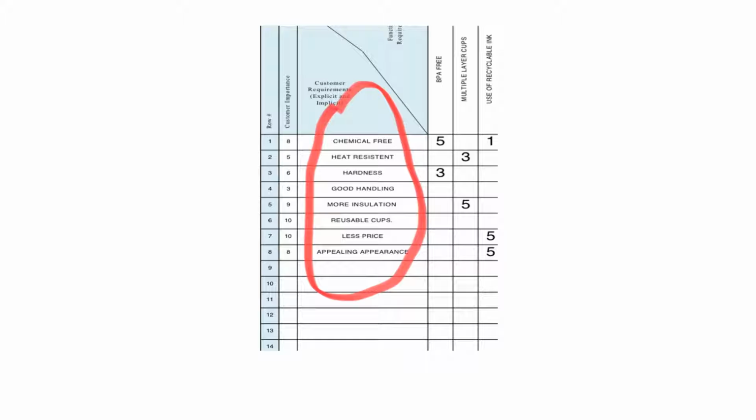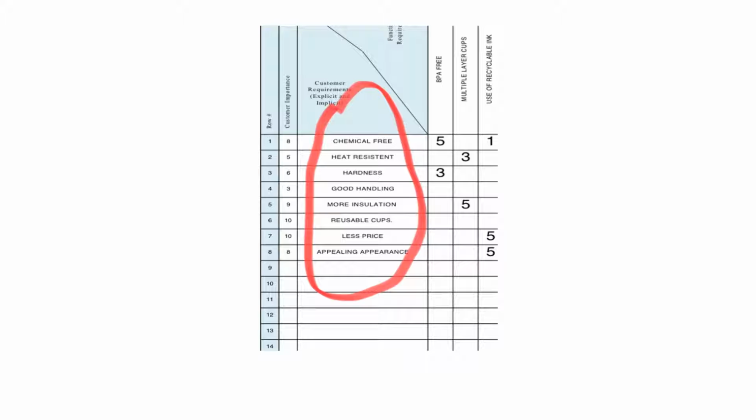Second, heat resistance and hardness are interrelated. Nobody wants their hand to be burned because of hot coffee. If you hold a cup and it's not hard enough, or the paper is not that heat resistant, then the shape of the cup might change, and there are chances of spilling the coffee on their hands and getting a burn.